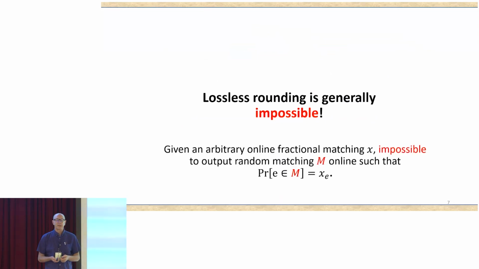Now, what is the lesson that we can learn from this example? We want to get lossless rounding. In general, this is impossible. Now, what do we learn from this?